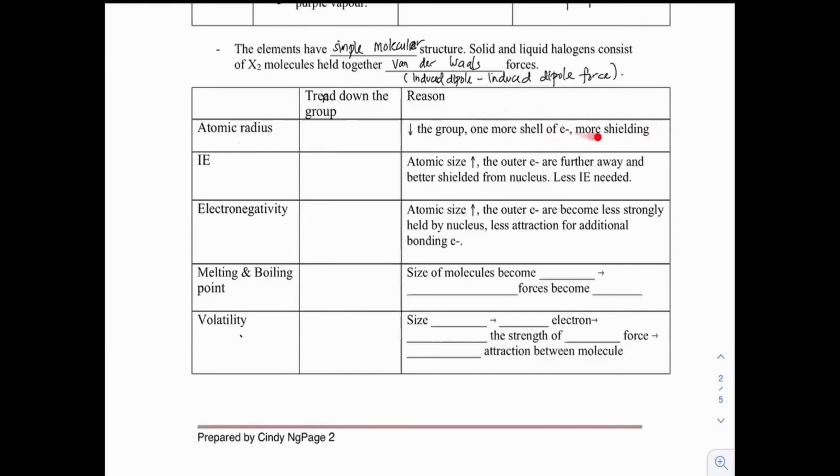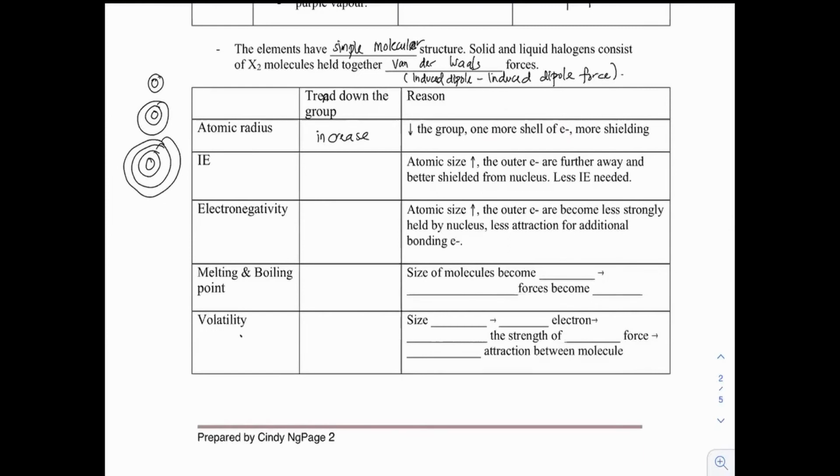Therefore, there will be more shielding. Whenever there's more shielding effect, what happened to the size? It increases. The first atom has one shell, two shells, then three shells, then another more shell. So it gets bigger.